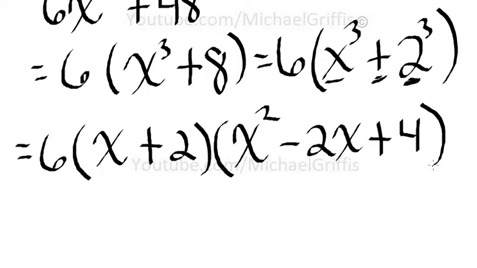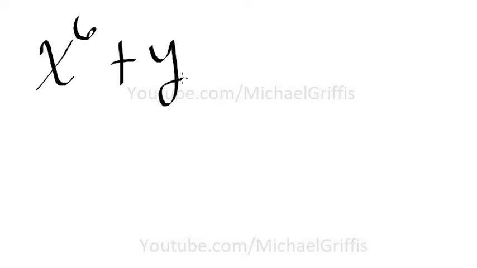All right, let's take a look at another one. I got lots of examples. This one here, don't let it throw you off. We have x raised to the 6th power plus y to the 6th power.